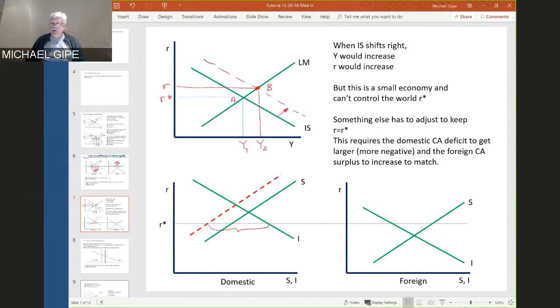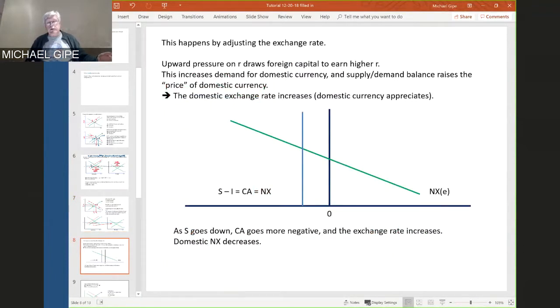And the foreign current account has to increase somehow in order to match that. So we've got to somehow make those equal without changing that real world interest rate. We have to change something else. And what is that? Something else that happens by adjusting the exchange rate between the currencies of those two economies.